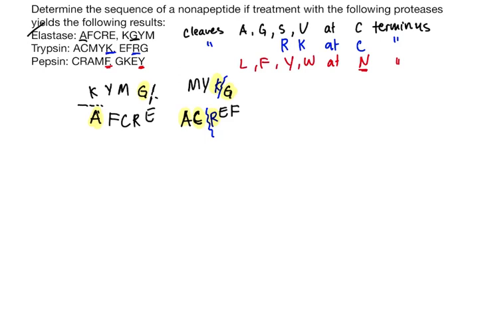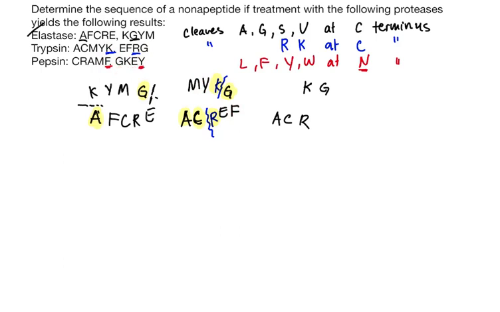So let's write down what we already know. We know K, G. We also know A, C, R. Now for pepsin, pepsin is going to cleave at F and Y. So this is somewhere here and somewhere here. Notice that I'm going to produce GKEY.